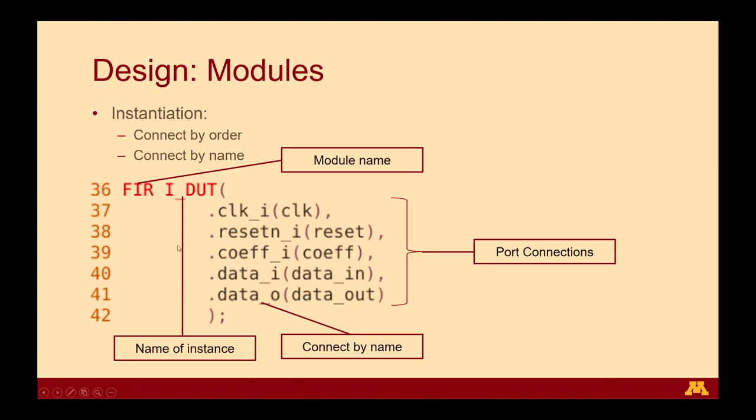So in a sense, if this is contained within another module, for example, we are connecting the top level clock to the internal clock of this module. And similarly, we are connecting the data input from the top level module to the data input of the sub block here.